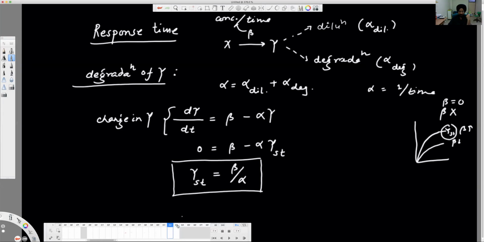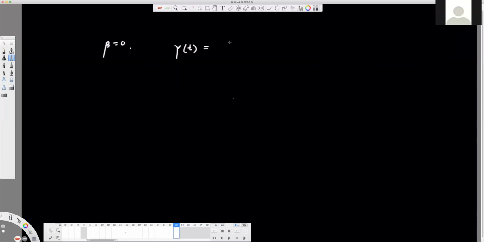So we can write it as y of t. There is a solution to this equation, and this becomes y at steady state times e raised to the power minus alpha t.